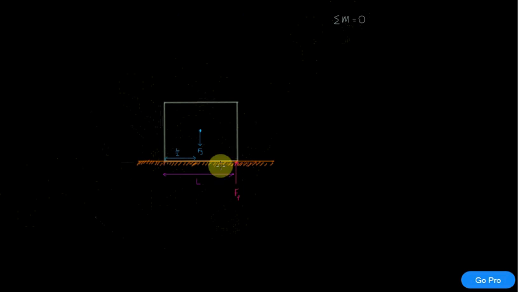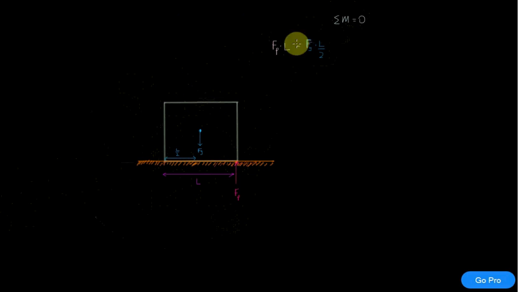Well, the torque that I create by pushing on the very end here is equal to, we'll just call it the force of me pushing multiplied by the distance from the axis of rotation at which I push, which is L, minus the force of gravity times the distance that it is from the axis of rotation, which we said was L over 2.